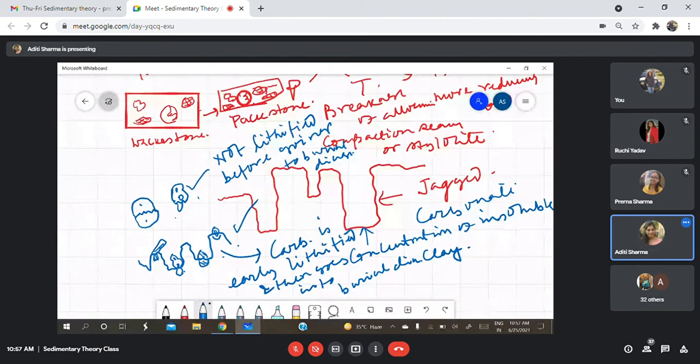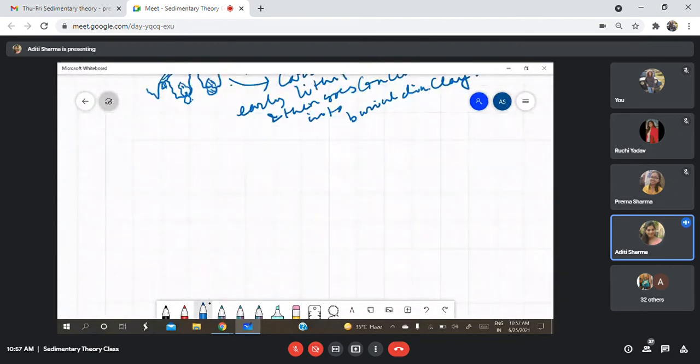Why? Because if you do not have early lithification, that means the grains are still movable. They are not solidified, not lithified. So when you compact that kind of situation, two grains will come close to one another and they will be sutured together.